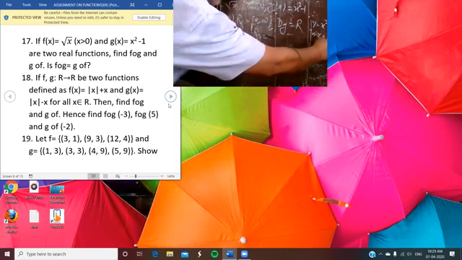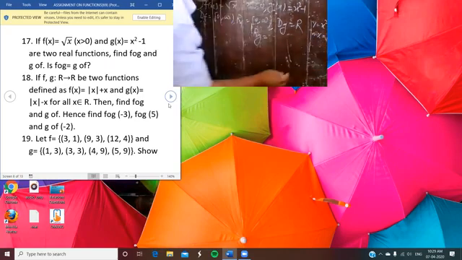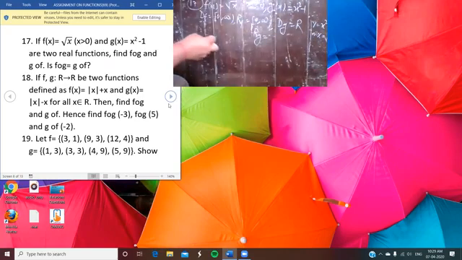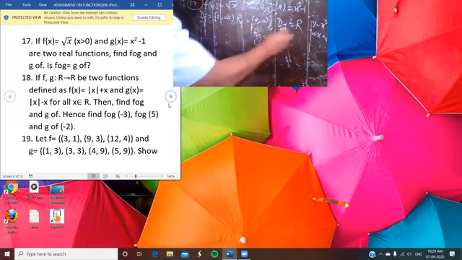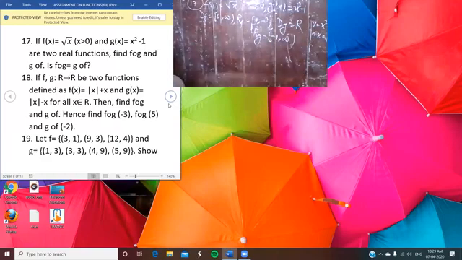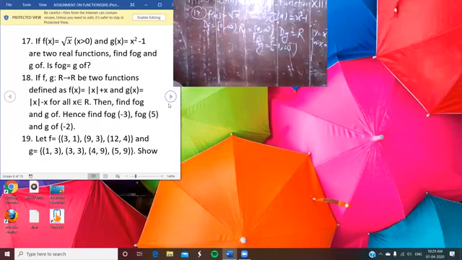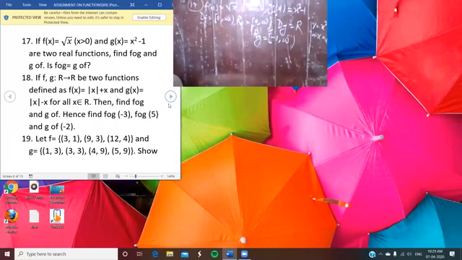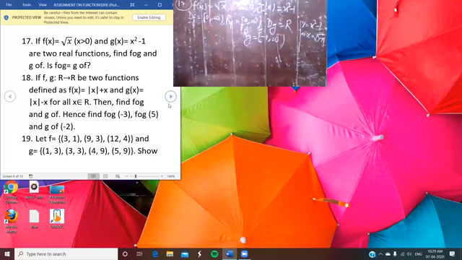Then x is under root y plus 1, and the complete quantity is greater than or equal to 0. So you can say that the range of g is -1 to infinity. In this way, you can very easily find its domain and range.